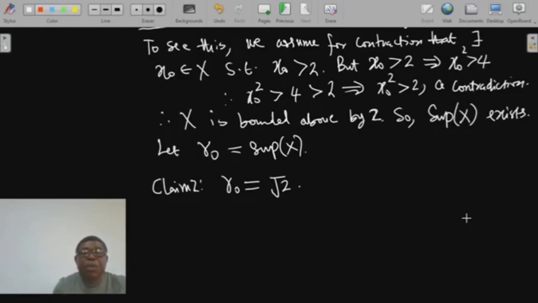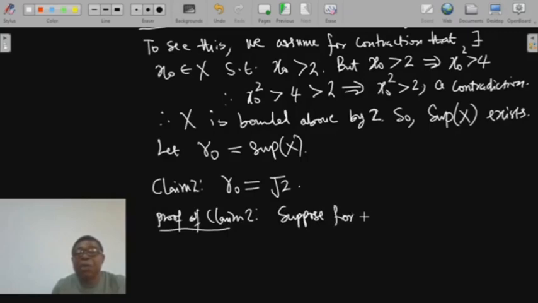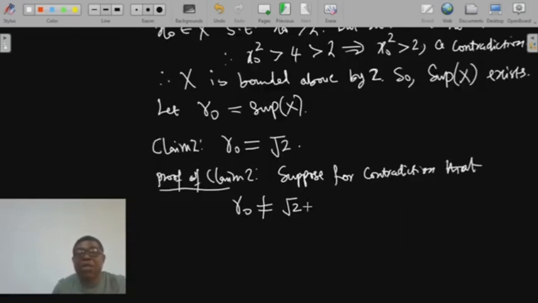Now, proof of claim 2. Suppose for contradiction that gamma naught is not equal to root 2.